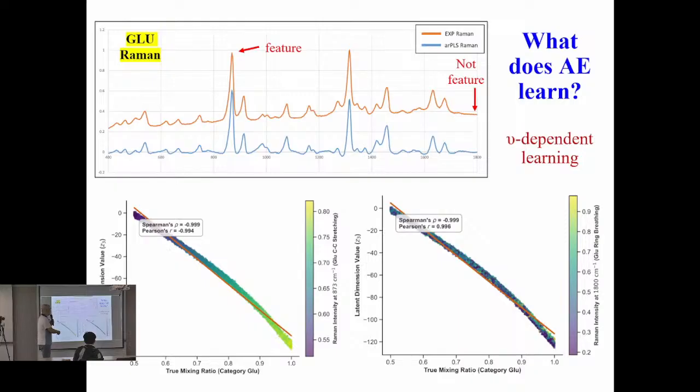The intensity at 1800 wave number is irrelevant to the glutamic acid weighting. This is also chemistry, because that's how we teach students. If you keep looking at this, you cannot tell the glutamic acid percentage or concentration, right? So with these two plots together, we want to convince the editor our model actually learned the chemistry, because it determines certain wave number regions that are related to certain functional group contributions, and it has good proportionality, okay?